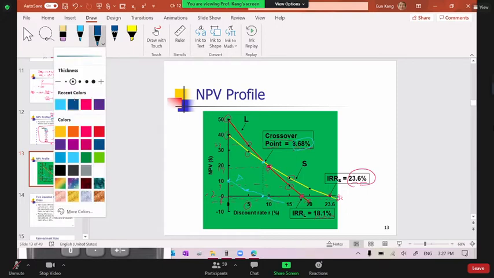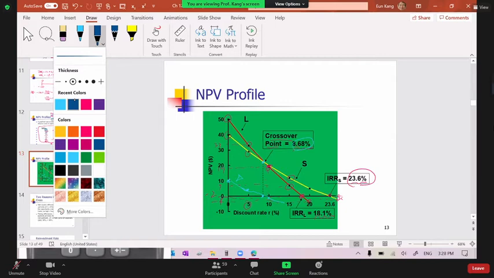Professor, I have a quick question. Sure. In the example you used, project L minus S comes out to be the IRR of the crossover of 8.68. Does it make a difference if we use S minus L? That's a good question. Actually, same answer, right? Okay. But why did I tell you to do it L minus S, right?